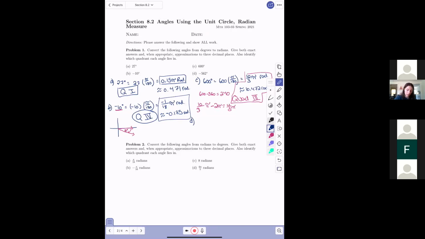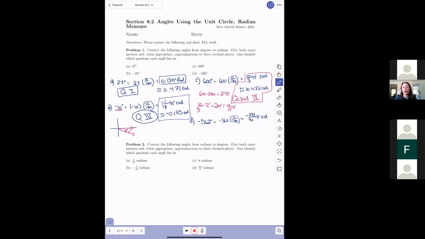Okay, part D, we have the angle negative 562 degrees is equal to negative 562 times pi over 180, which ends up equaling negative 281 divided by 90 pi radians.